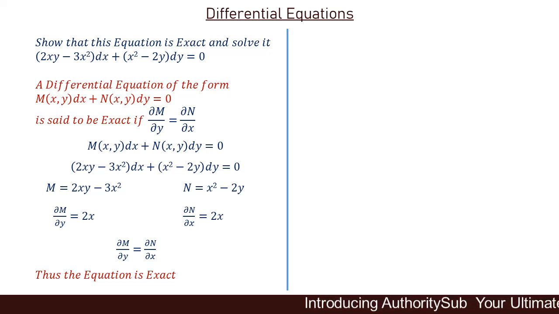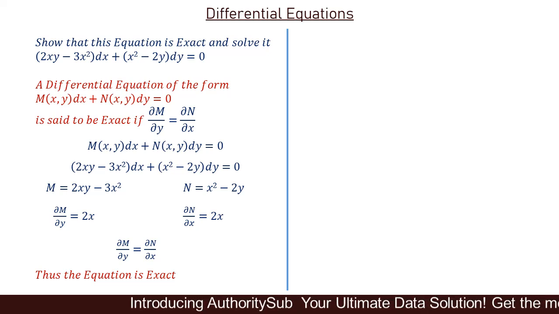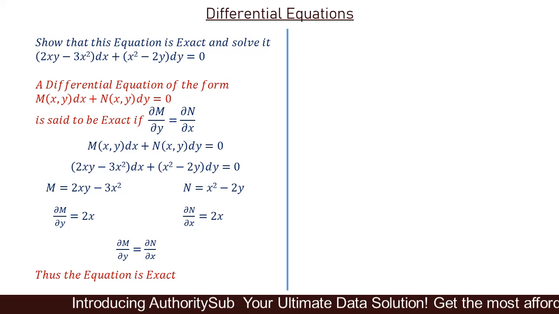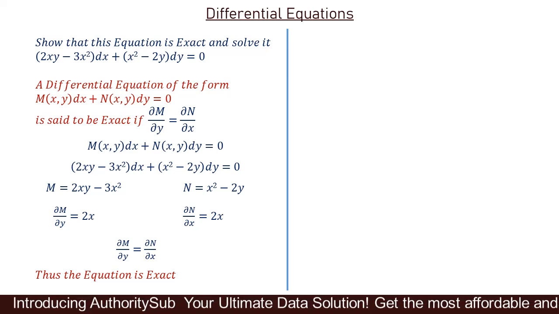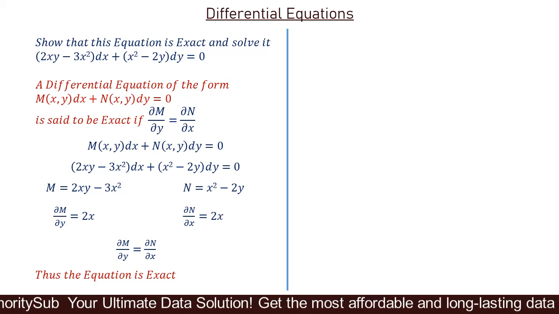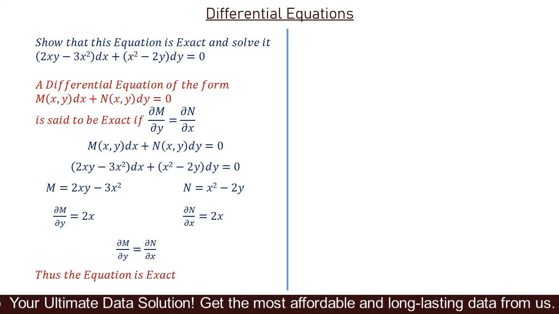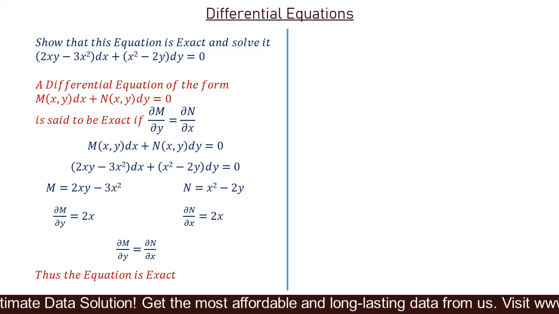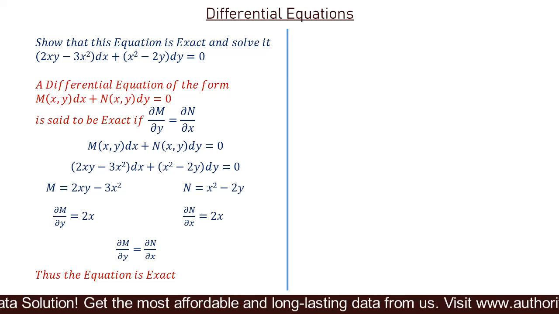By definition, we found out what an exact equation means, and here we have tested it, and we discovered that both partial derivatives are equal, meaning that the equation that these two M and N are coming from is an exact equation. Now, how can we solve this equation?